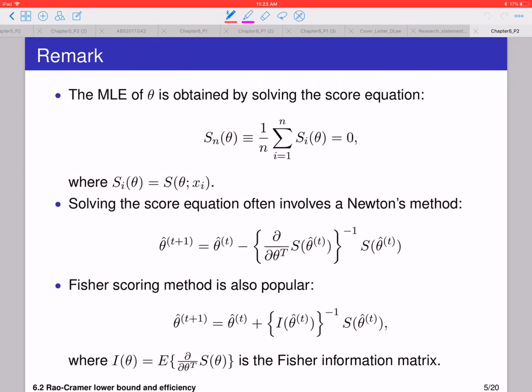Okay, so the maximum likelihood estimate of theta is obtained by solving the score equation, right? And how to solve this equation?